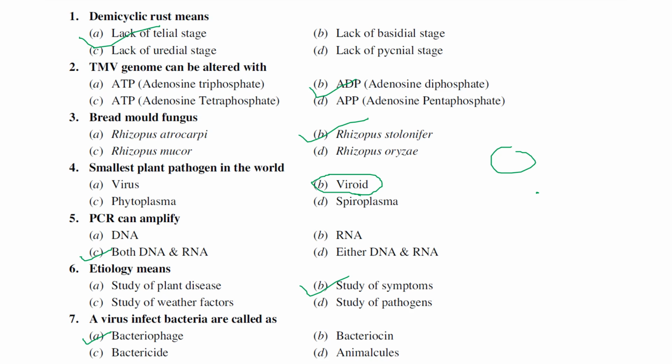The definition: a virus that infects bacteria is known as bacteriophage. There was one more terminology, Bdellovibrio, right? A gram-negative bacterium that infects another gram-negative bacterium is generally known as Bdellovibrio. But a virus that infects bacteria is known as bacteriophage.